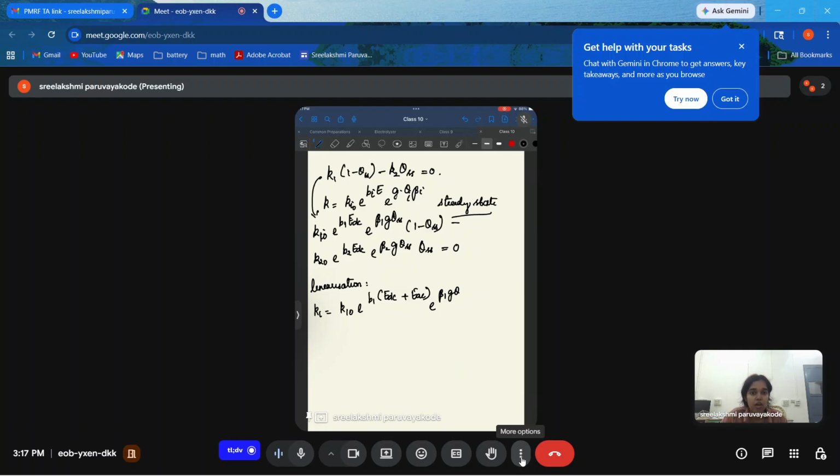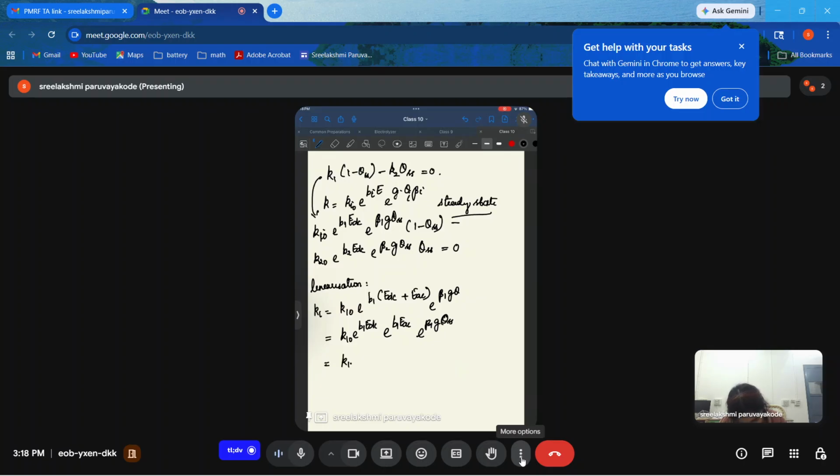Otherwise, it is K1 DC into 1 plus B1 EAC. Let's try. K1 naught exponential B1 EDC exponential B1 EAC, and you also have exponential beta1 G theta ss.